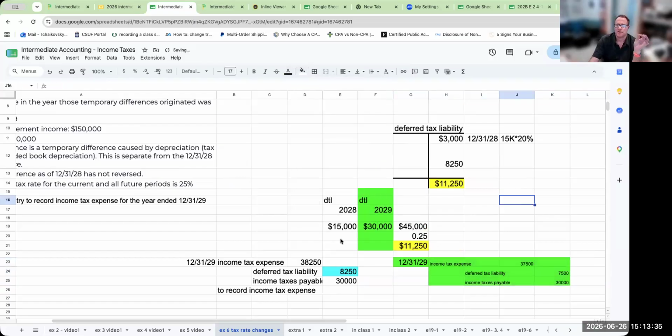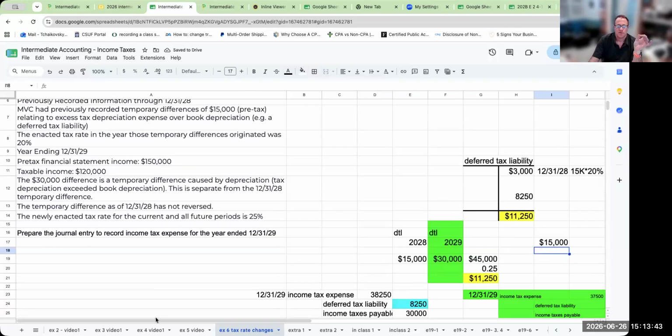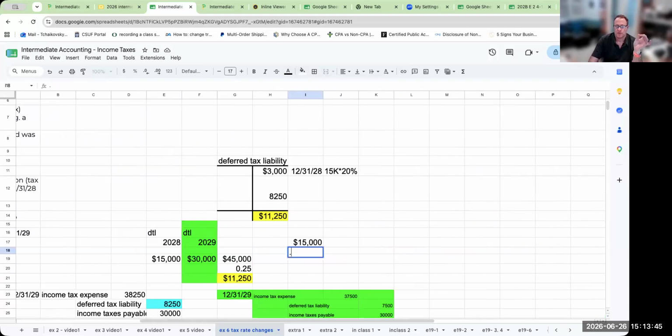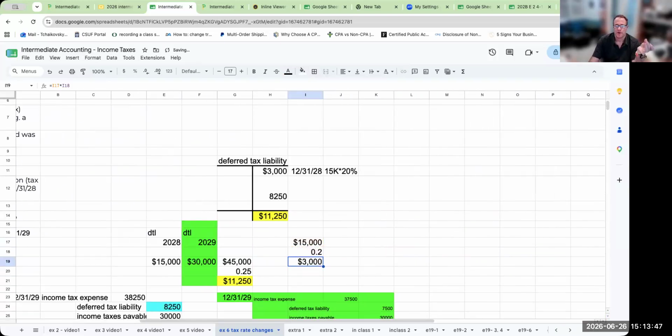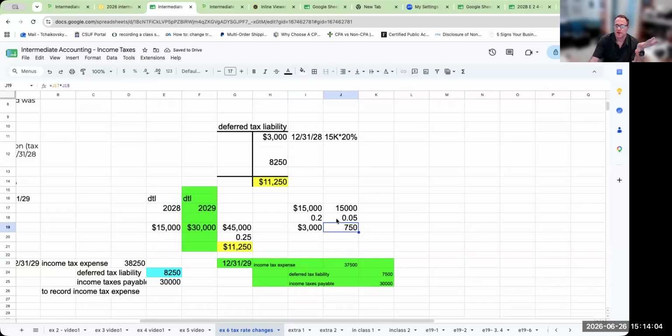But let's really think about this. With this 15,000, this had a prior rate of 20%, so this had a 20% prior amount which was in here. Now this amount is no longer 20%, it's an additional 5%. So what I effectively have to do is add in another 750.